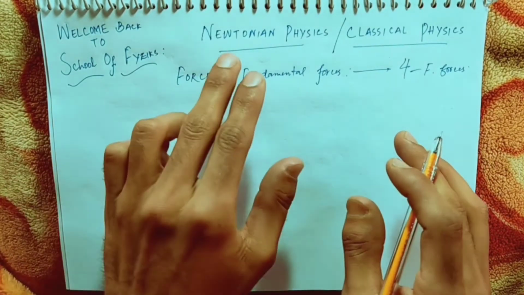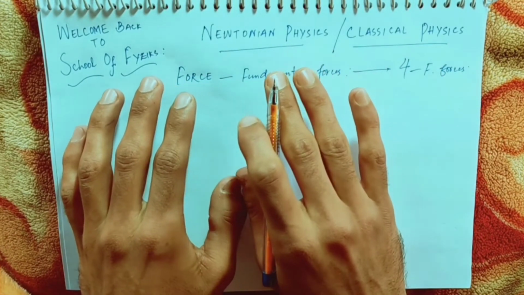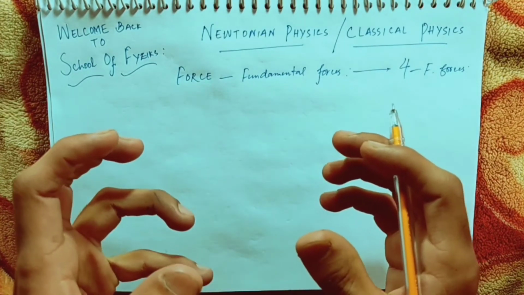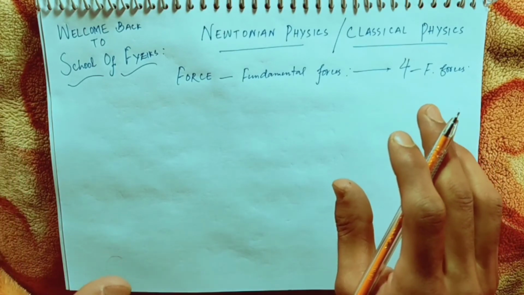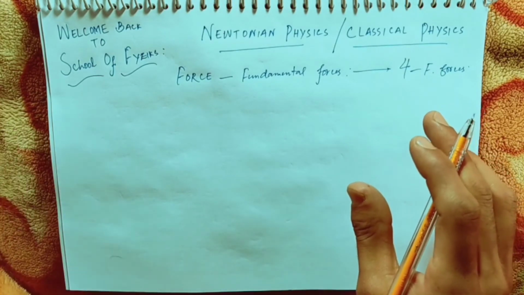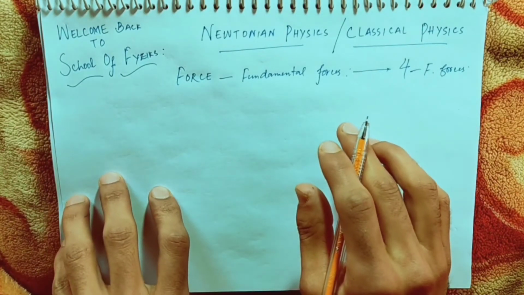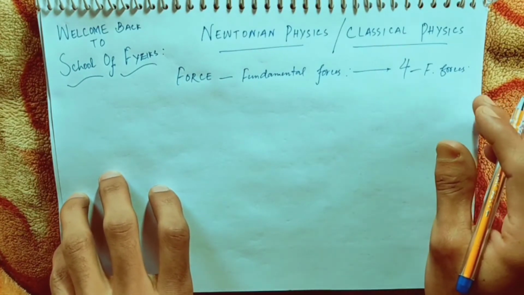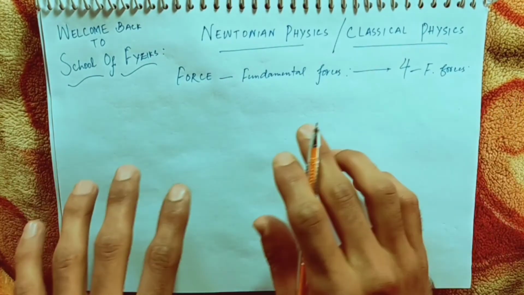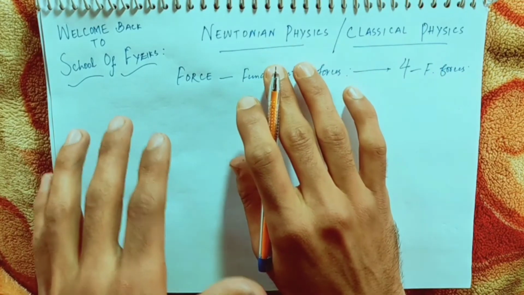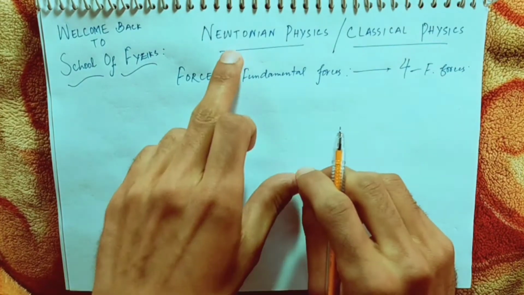Now today onwards, we will be specifically dealing with that portion of physics which comes under the category of classical physics, which was fully understood on the physical level by Newton. Actually, before him, it was Galileo Galilei who made the foundation of this classical physics, but the work in detail was done by Newton.